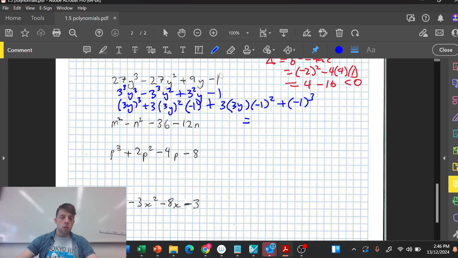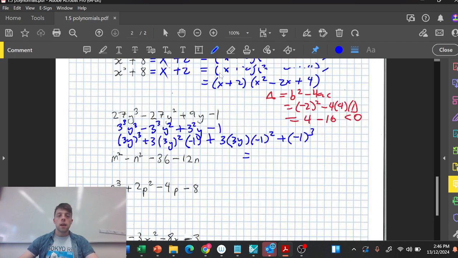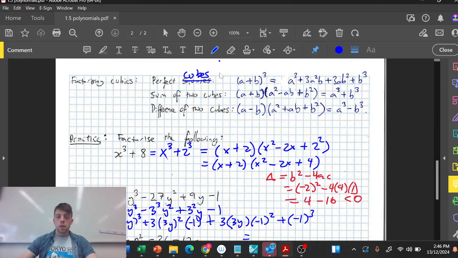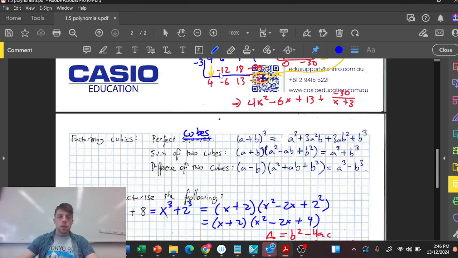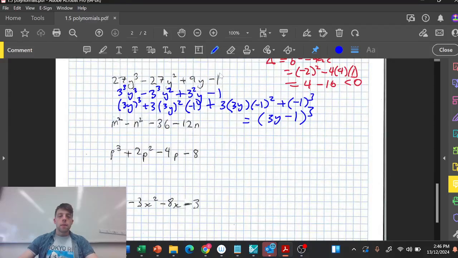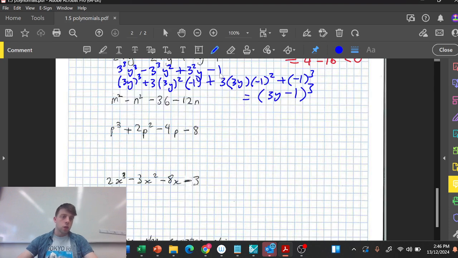But we can see here possibly that this is in fact a perfect cube of this form. So therefore, this can be factorized as 3y minus 1 cubed, because the a term in this equation is 3y, and the b term is minus 1.